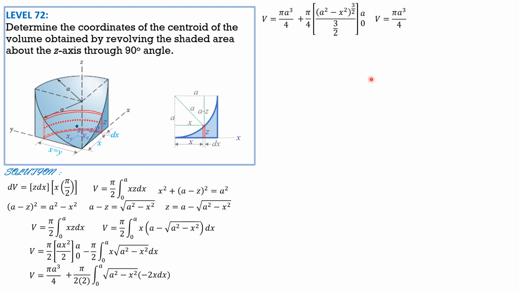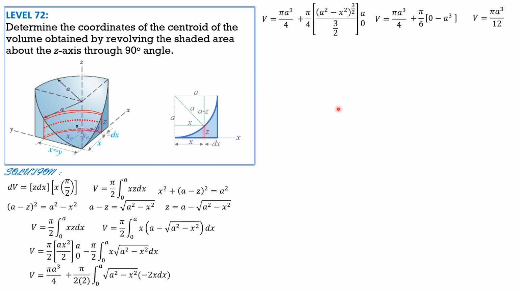So substitute, volume equals pi a cubed over 4, then plus pi over 6, 2 pi over 12, so pi over 6, then upper limit, a squared minus a squared, so 0, then minus lower limit, a squared minus 0 squared, so a squared to the 3/2 is minus a cubed. Combining, so volume equals pi a cubed over 12.